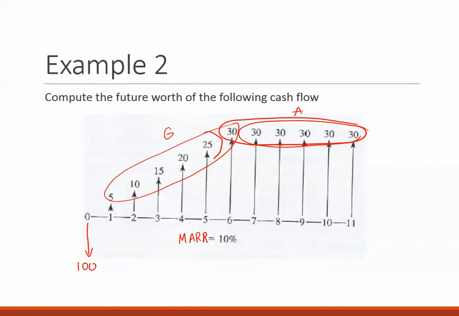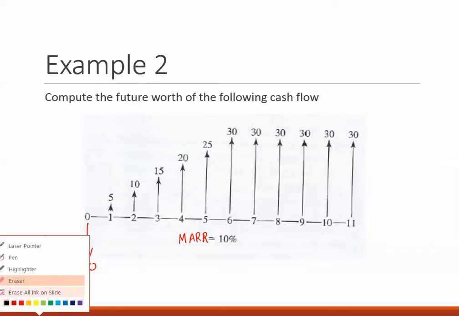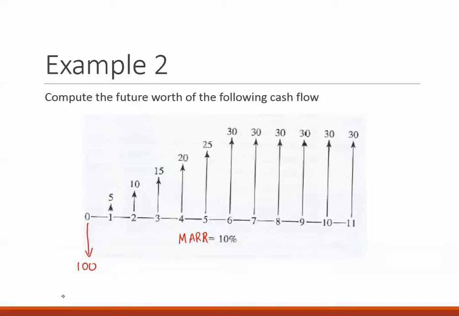So let me erase some of this stuff. And I'm going to continue in the next slide with the rest of the formula, but here I'm going to have that F is equal to, now we don't have F given G.